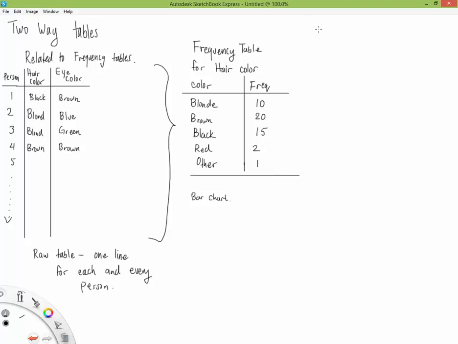Okay, and then we could also make a frequency table for eye color. It would be very similar, except we would have brown eyes and blue eyes and green eyes and gray. How many different eye colors are there?